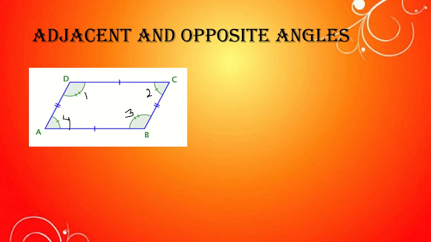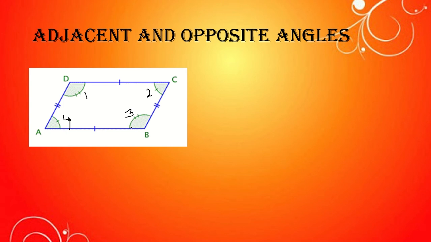Again I have the definition of adjacent and opposite angles. But by the name it is clear what you mean by opposite angle. As you can see, angle 4 and angle 2 both are opposite to each other. And you can say angle 1 and angle 3 both are opposite to each other.